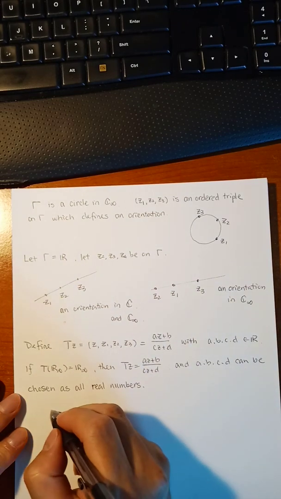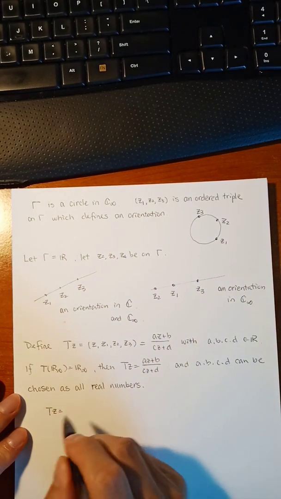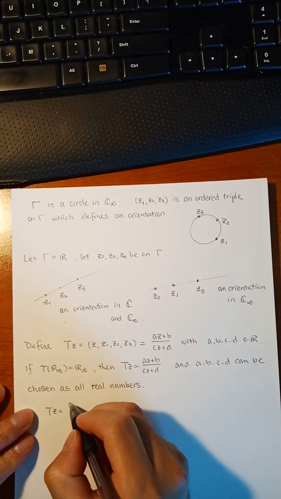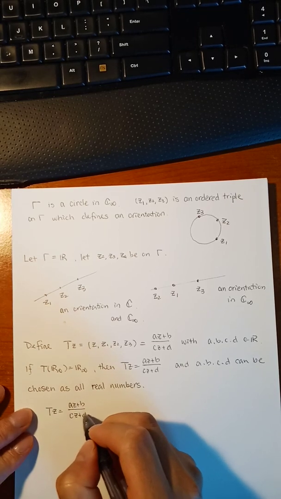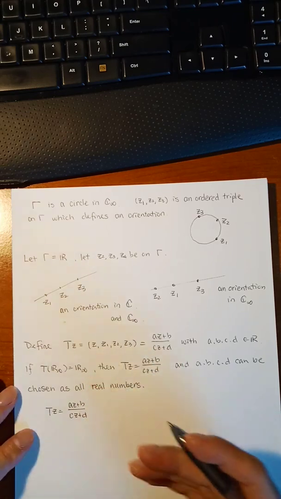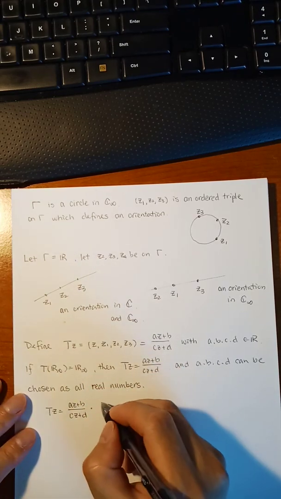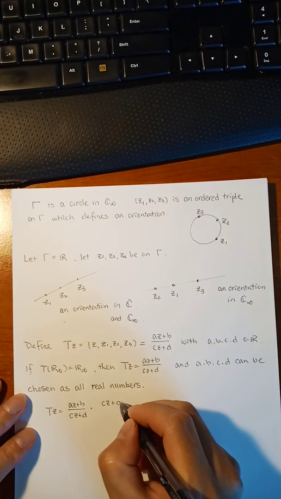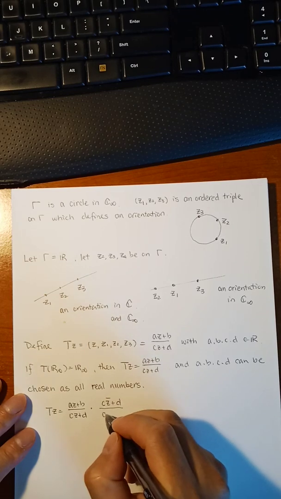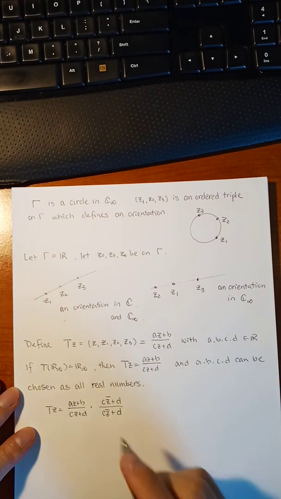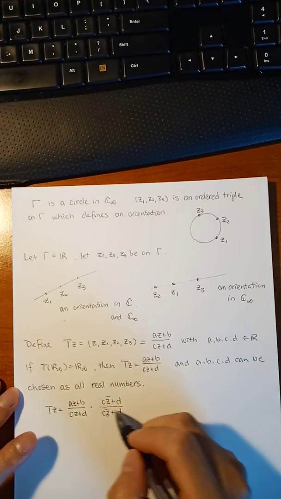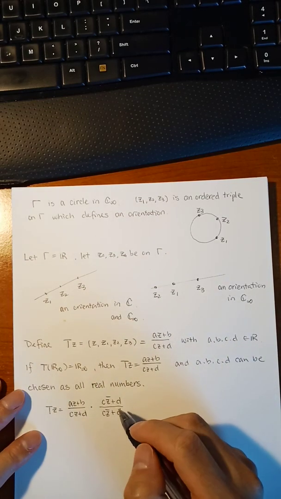Now let's do a little bit of discussion. So this cross ratio is (AZ + B)/(CZ + D). Remember that we don't want division by a complex number, so we multiply top and bottom by the complex conjugate. Because C and D are both real, you don't have to put a complex conjugation on them.